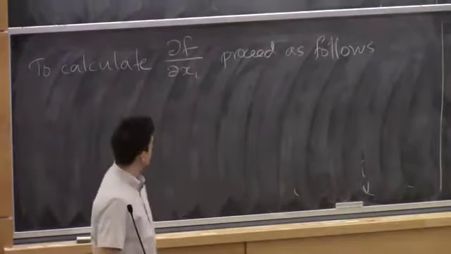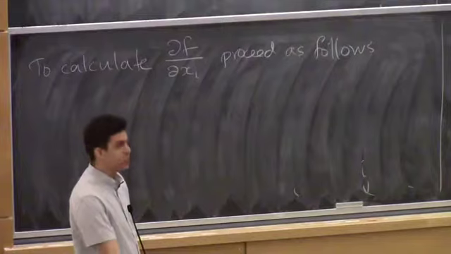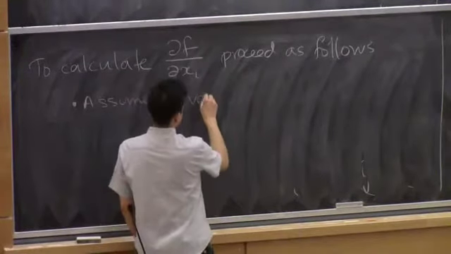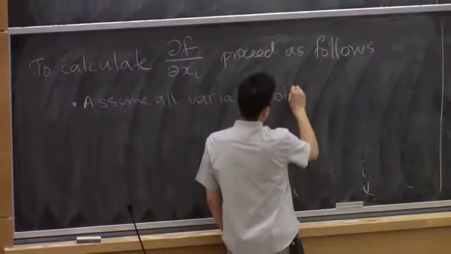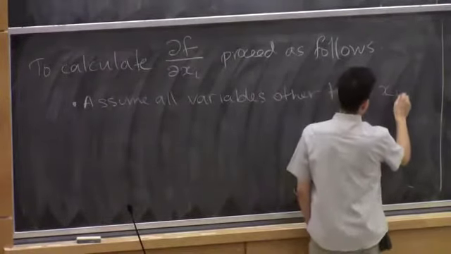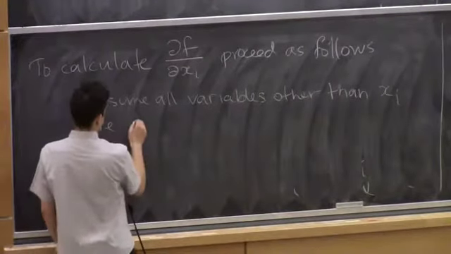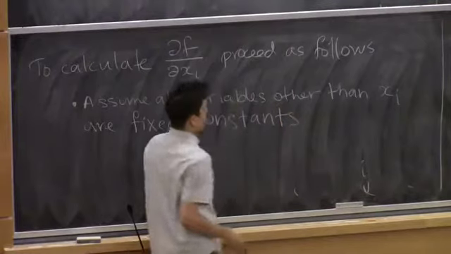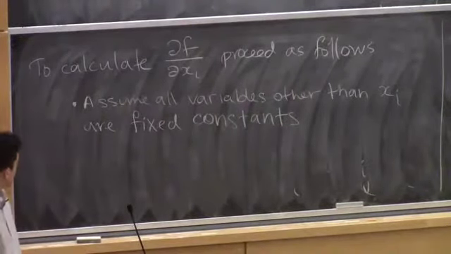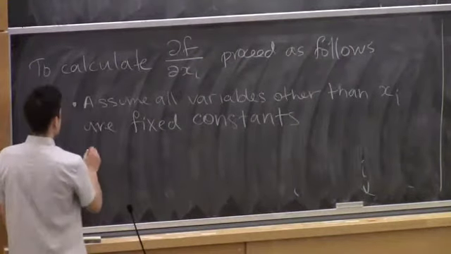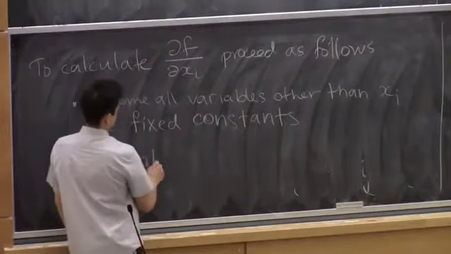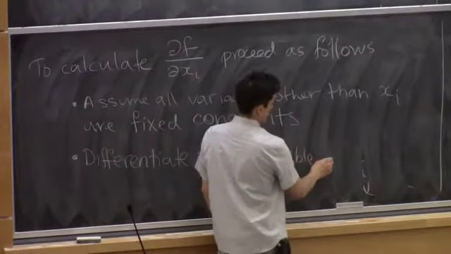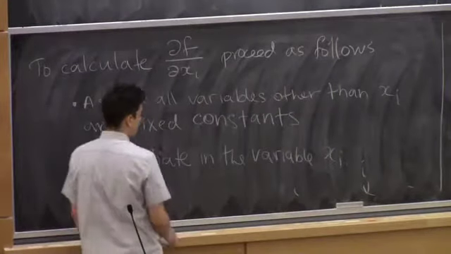To calculate the derivative of f in the variable x_i, assume that all variables other than x_i are fixed constants, and then differentiate in x_i.